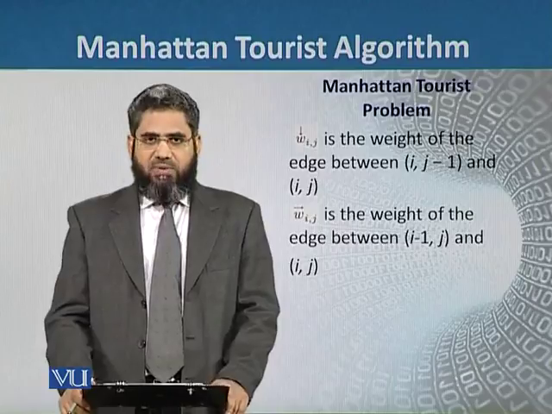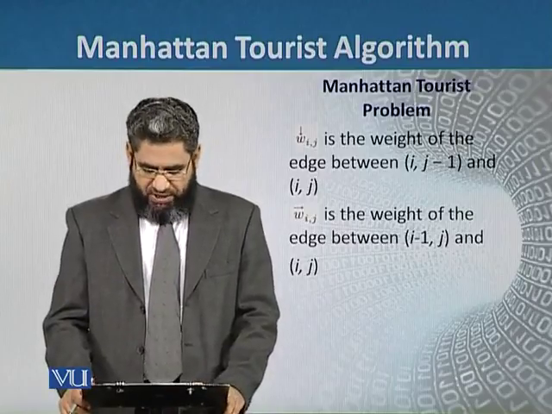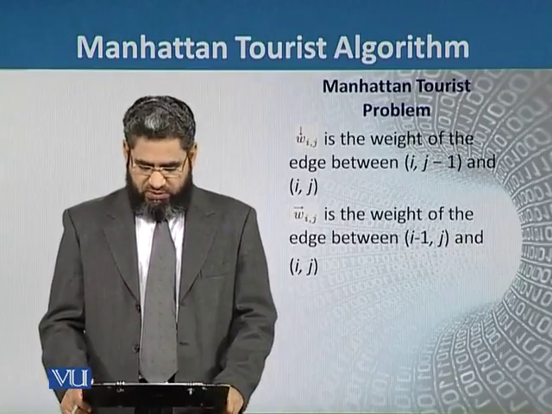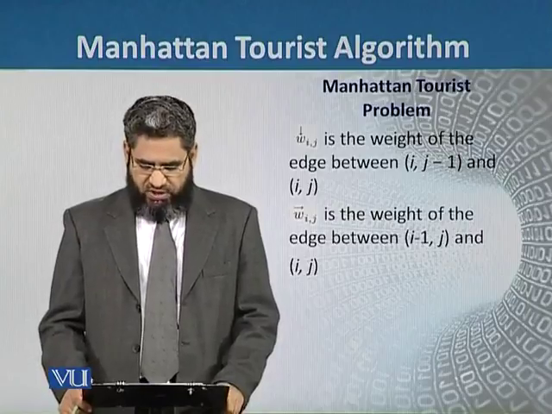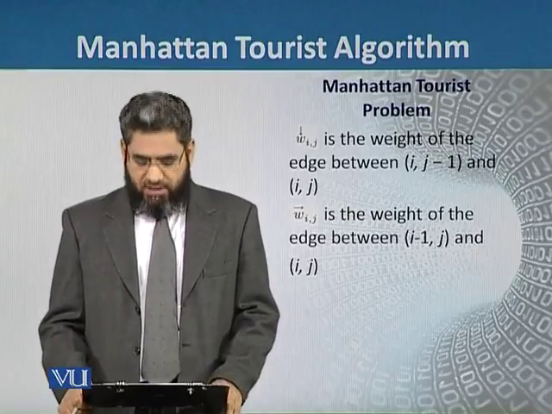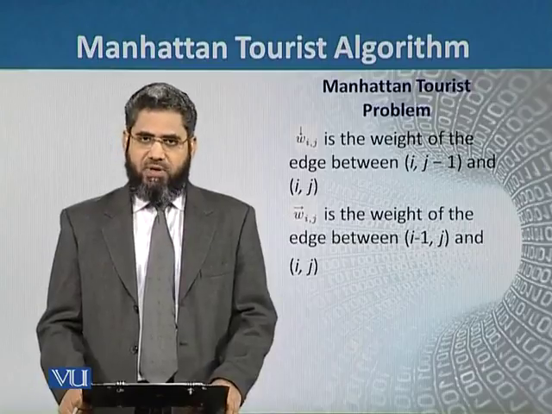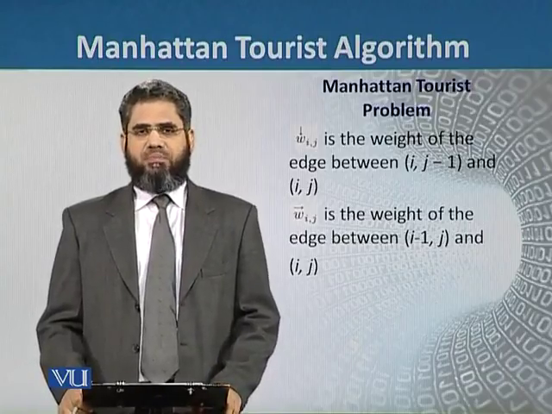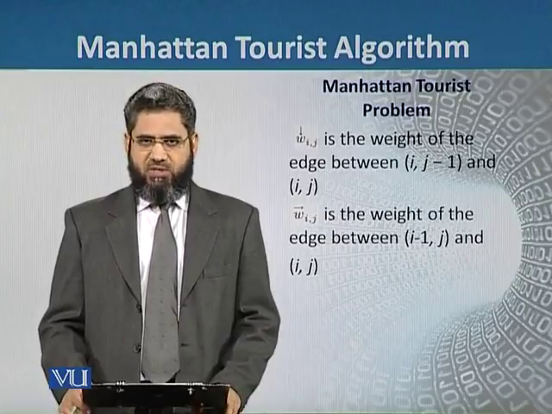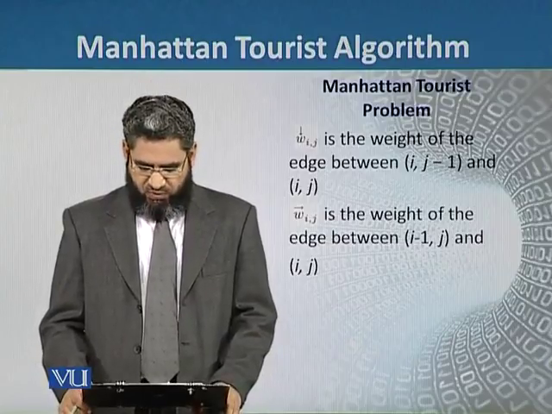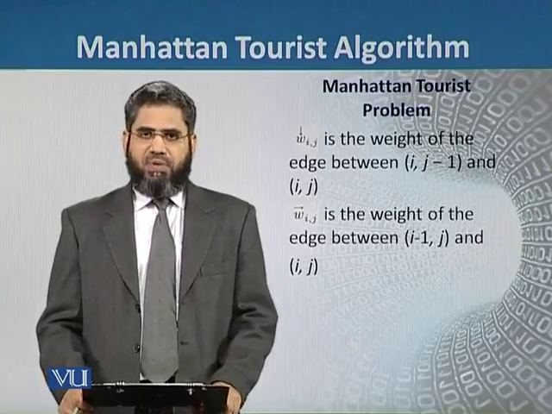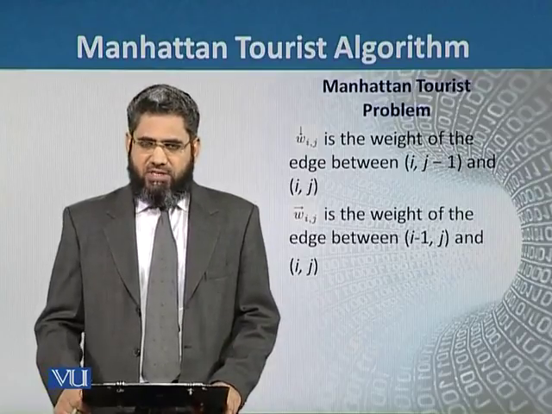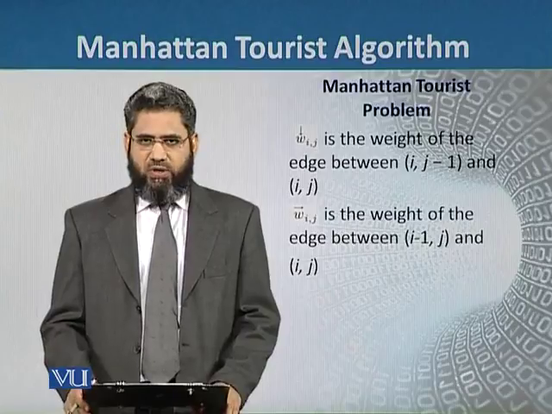So the W having the arrow downwards, with the i and j values, is the weight of the edge between (i, j minus 1) and the original values (i, j). Similarly, the W having the arrow in the east direction is the weight of the edge between (i minus 1). It is the opposite of the previous one.